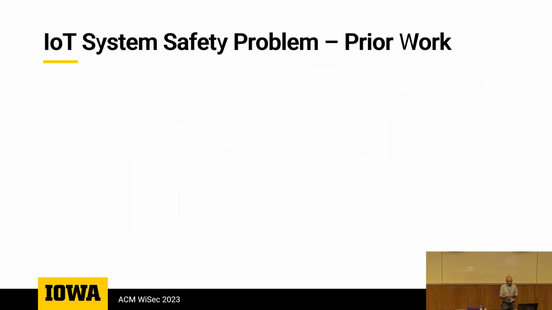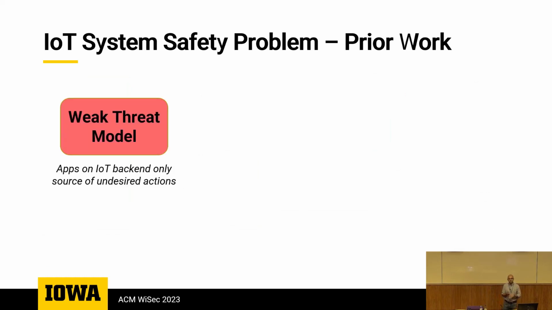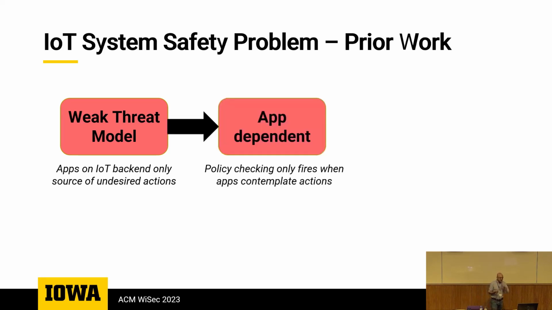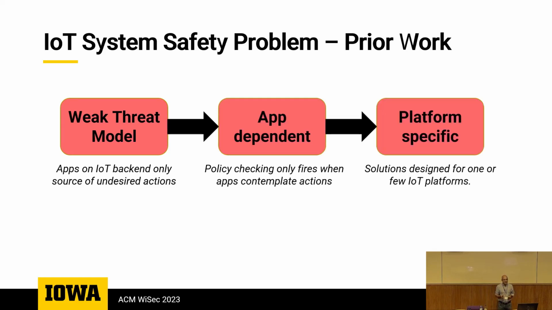Now, the other issue is that just looking at the app induces a weaker threat model, okay? And makes it app dependent. And finally, it's platform specific. All the implementations of the papers I talked about, including ours, we all implemented either for Samsung SmartThings or for OpenHAB, right? It was not platform agnostic.